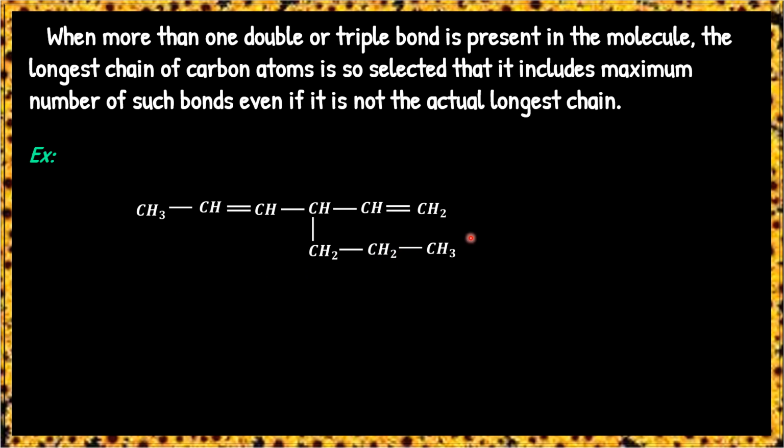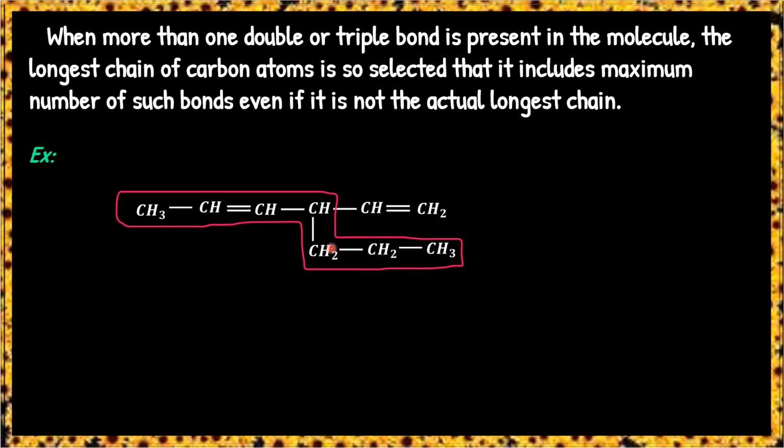And in this case, selection of longest chain is more important. If I select this as the longest chain of carbon atoms, it includes only one double bond. You see here. And this one is the actual longest chain because it contains 7 carbon atoms.